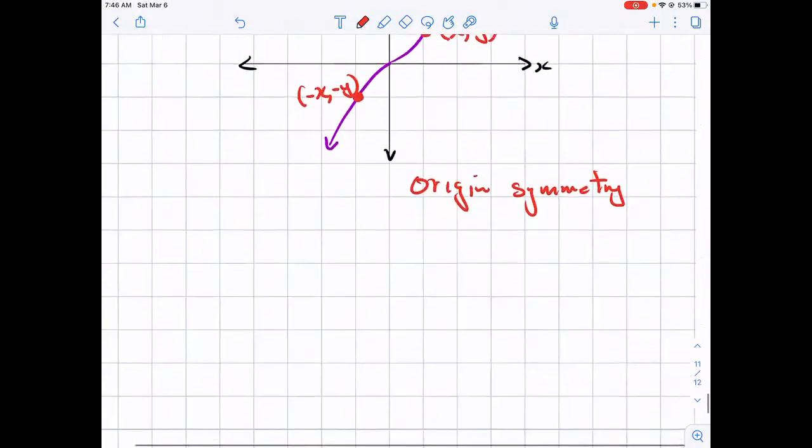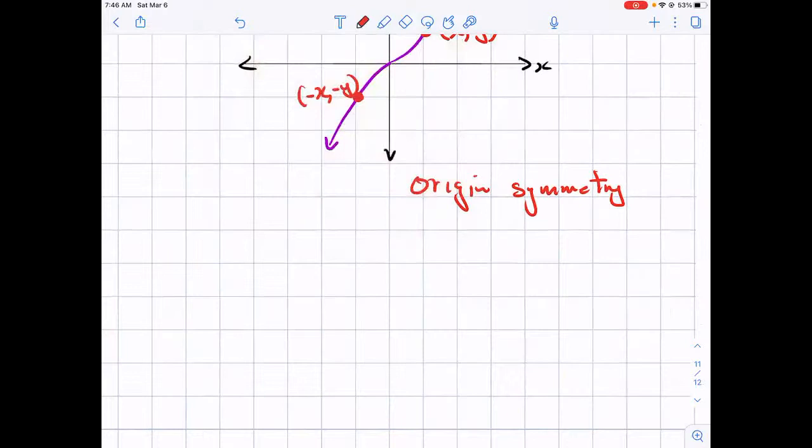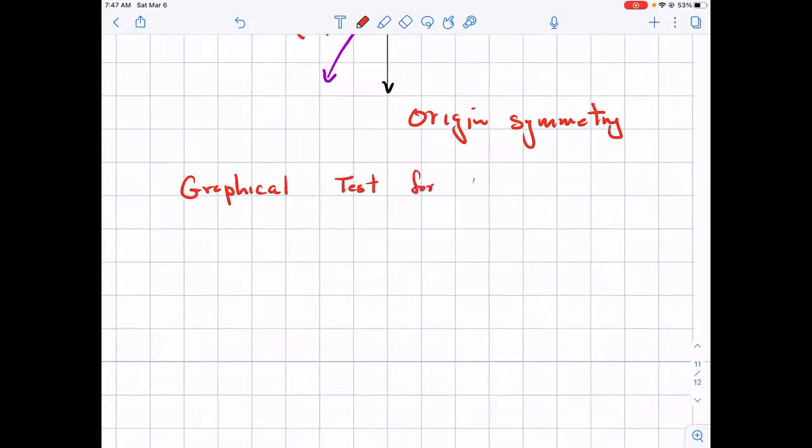So what are the conditions for a test for symmetry? Let's look at that now. Graphical test for symmetry.